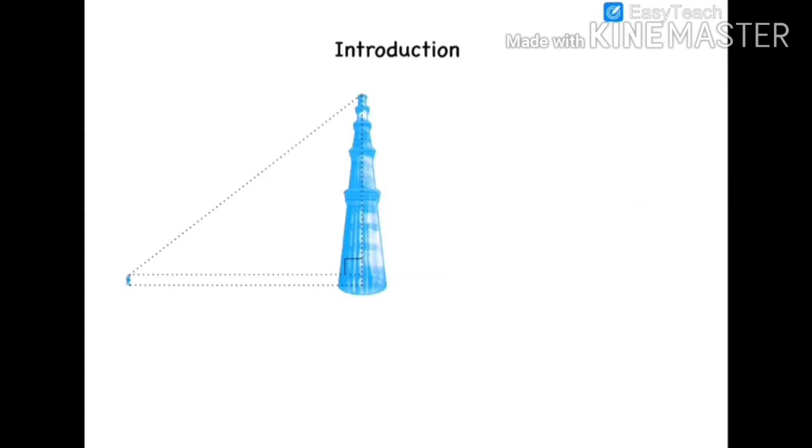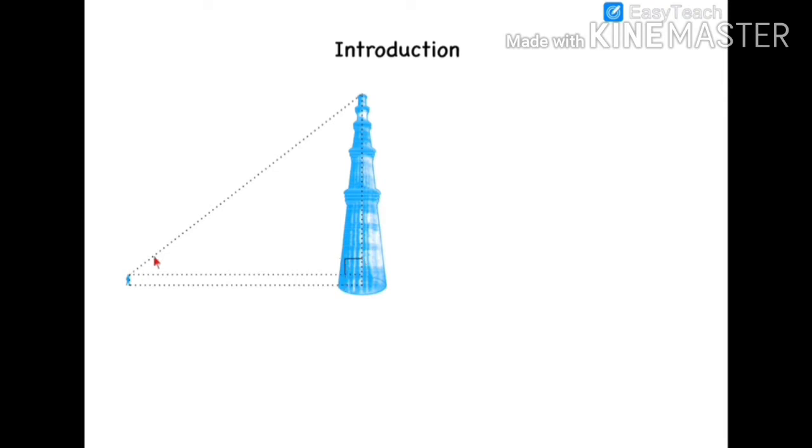To start with, let's consider some real life situations where we can imagine a right triangle to be formed. Let's say a person is looking at Qutub Minar. Now we know that this structure is standing vertical on the ground, so this angle is going to be 90 degrees.